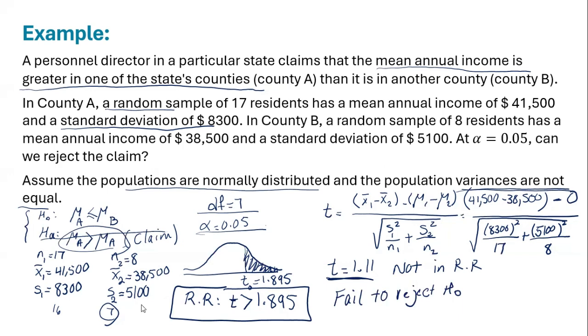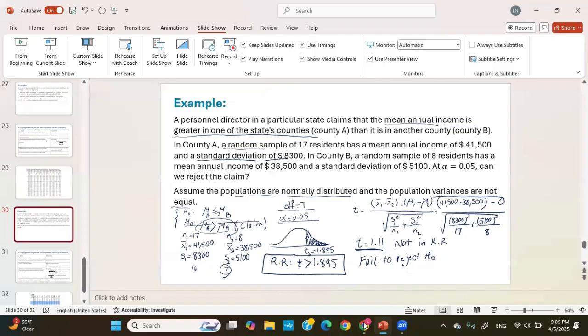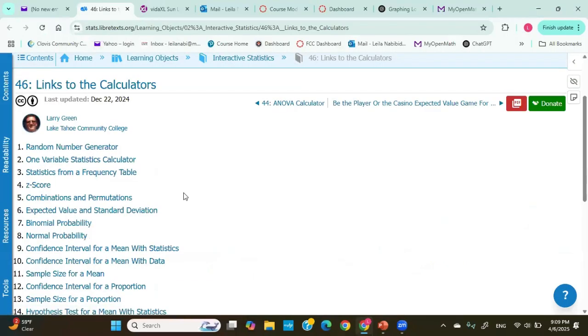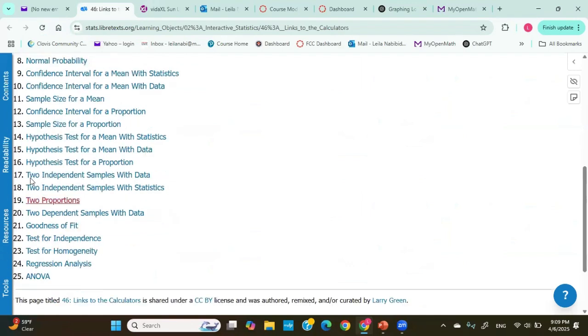We can also work on them through the online calculators. You can use a TI-83 or 84 calculator, or you can use online calculators. If you go down, you will see that number 17 and 18 are the two independent sample with data or two independent sample with statistics.